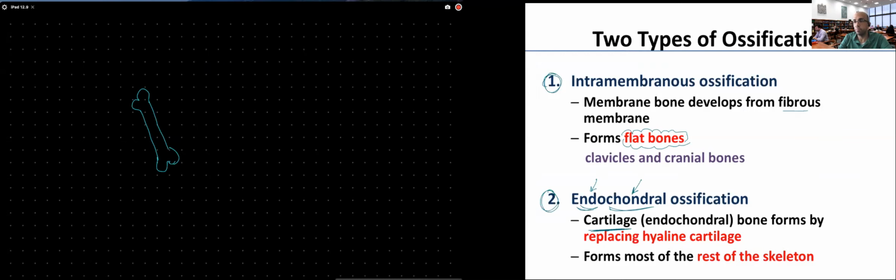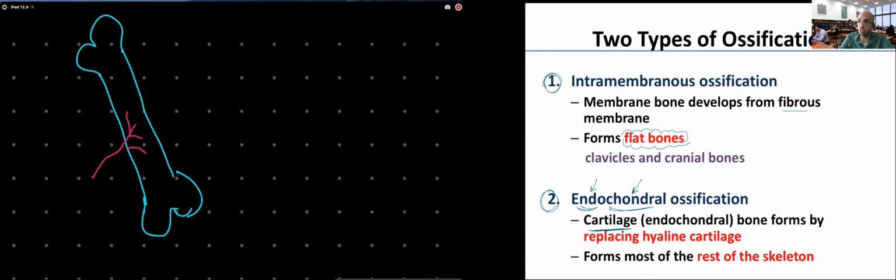So I have a small form of the bone like this, which is formed of cartilage. This hyaline cartilage that is forming my primary form of the bone is going to be invaded by a blood vessel at the center of the shaft of the long bone. And this is where I've got the primary ossification center, the same exact concept.